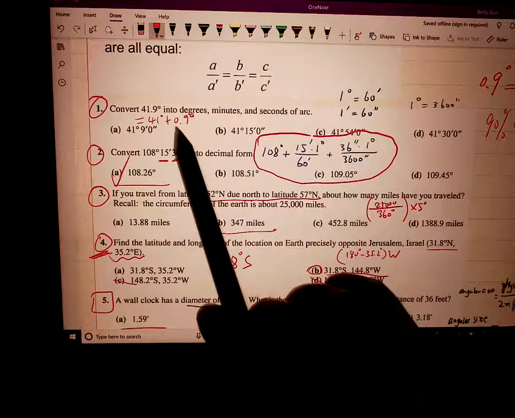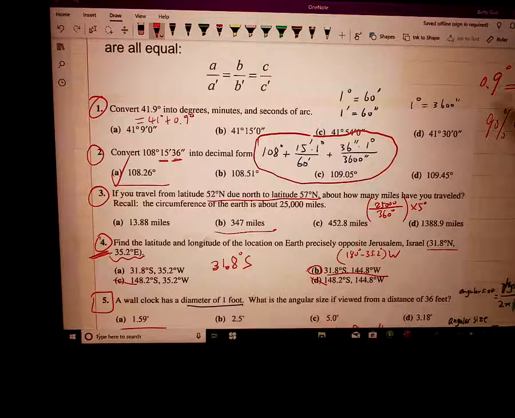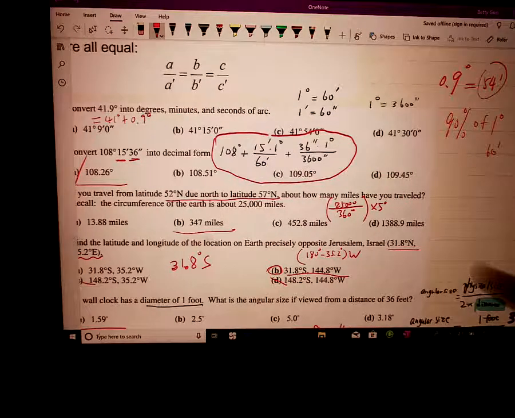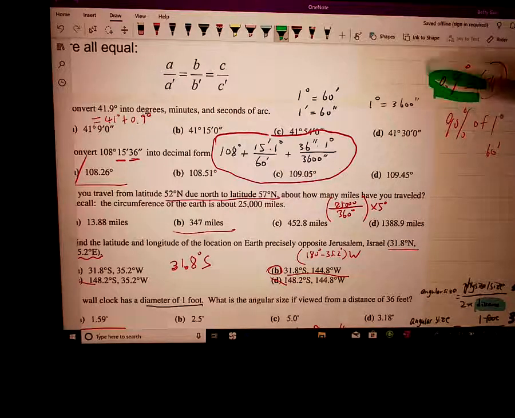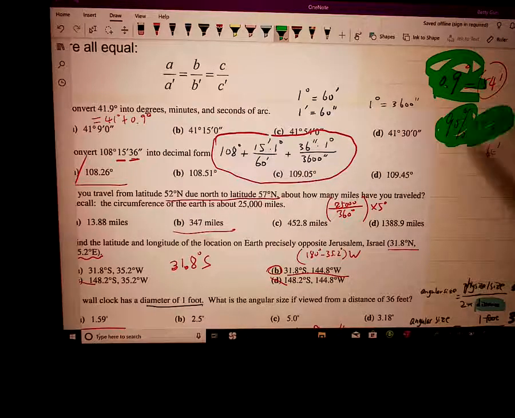What about 0.9 degrees? How do we rewrite 0.9 degrees, maybe in minutes? Here, 0.9 degrees is 90% of 1 degree. Do you see that? We know 1 degree has 60 minutes.